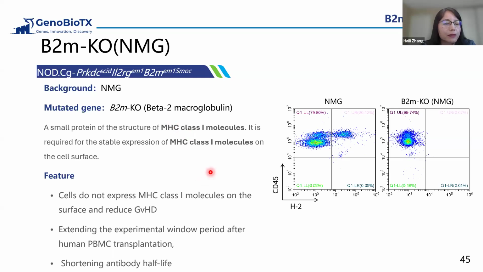In B2M KO mice, the deletion of the B2M gene prevents the expression of functional MHC class I molecules. This causes significant impairments in CD8 T cell response and the adaptive immune system. On the right side, the flow cytometry data show that B2M KO mice lack MHC I molecules on the immune cell surface.